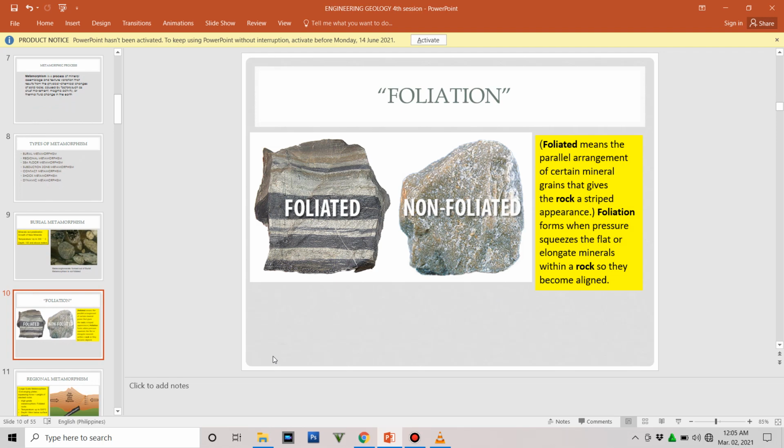Foliated means a parallel arrangement of mineral grains that gives the rock a striped appearance. Foliation forms when pressure squeezes the flat or elongate materials within a rock so they become aligned. So that is the difference between foliated and non-foliated rocks.